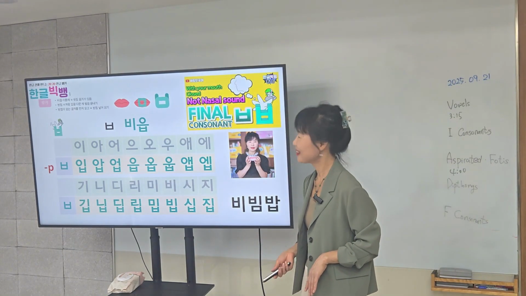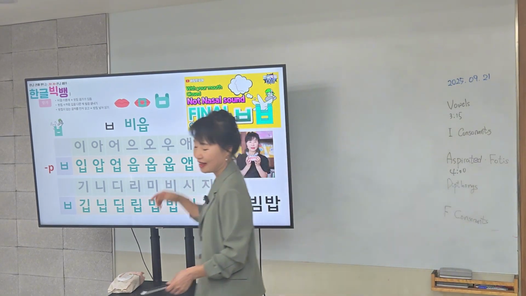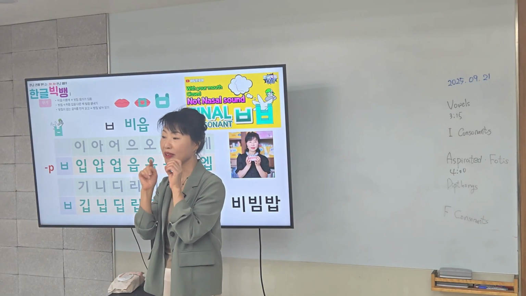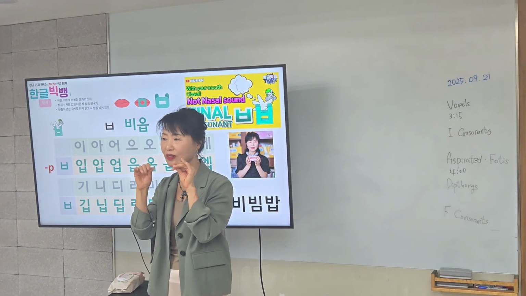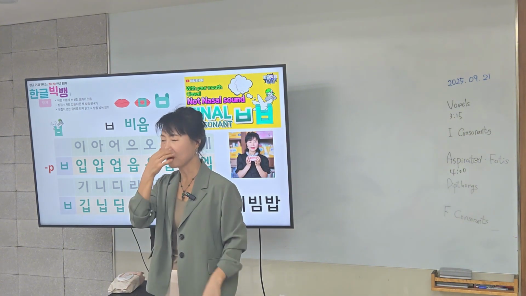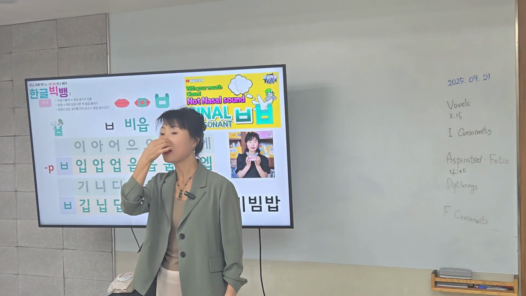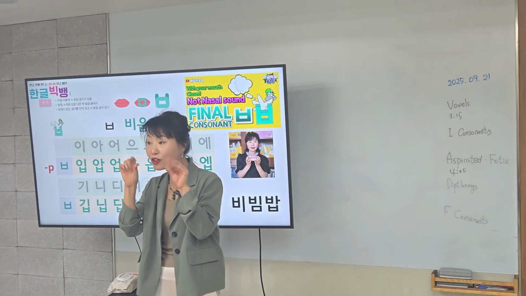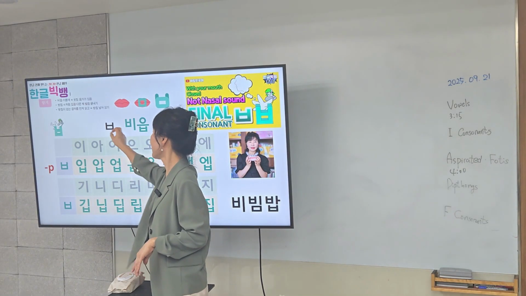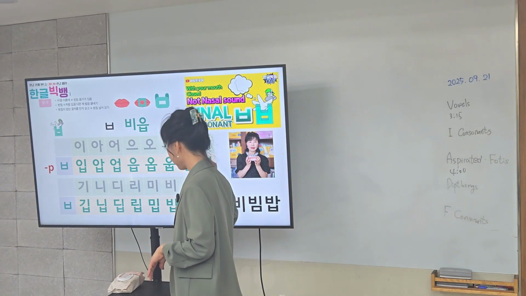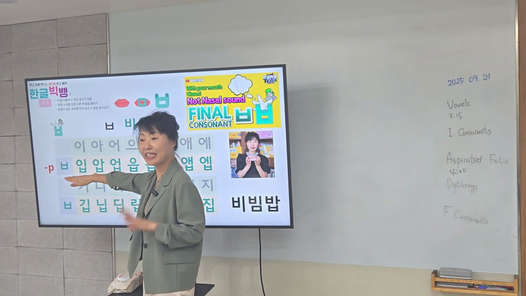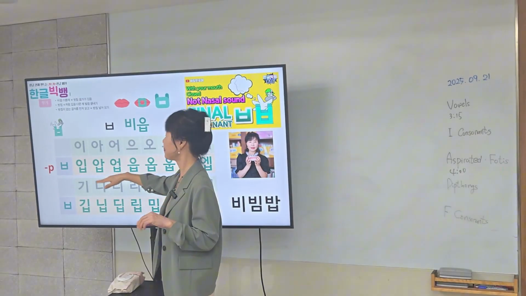And then, as an initial consonant, it is p. For a final consonant, close your mouth. Up. So m is a nasal sound, but p is not a nasal sound. But close your mouth. Up. So the letter's name is Pieup. Up. So, i, ip. Up.